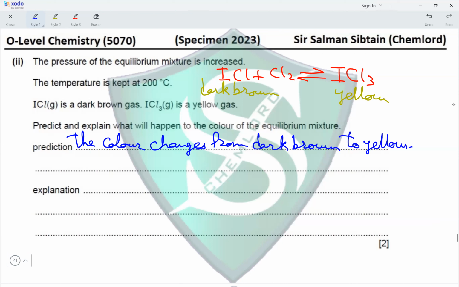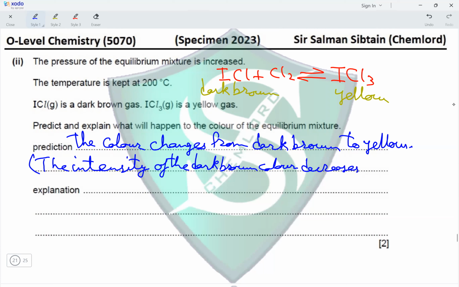Or in other words, we can also write that the intensity of the dark brown color decreases and that of yellow increases. This is another way of writing this.